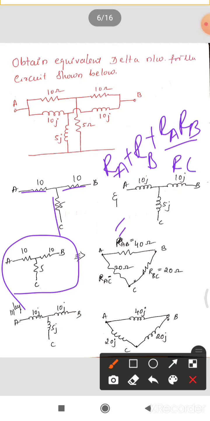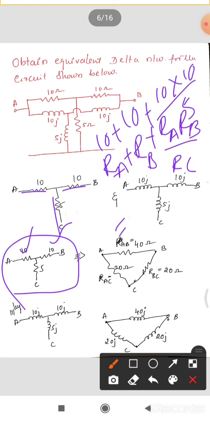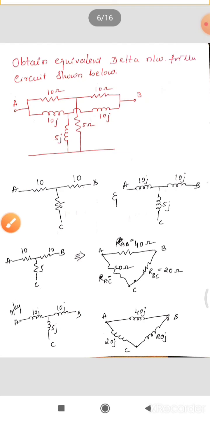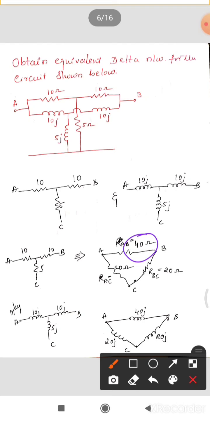Substituting the values: RA is 10 plus RB is 10 plus 10 into 10 divided by 5. 5 twos are 10, 10 twos are 20. Then 20 plus 10 plus 10 is 40. So RAB is 40.